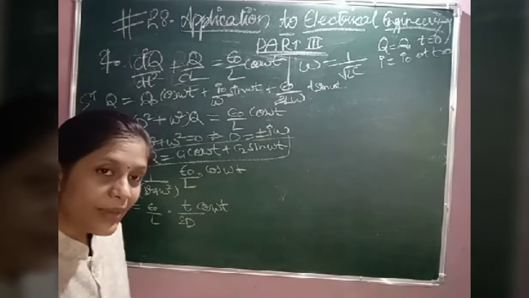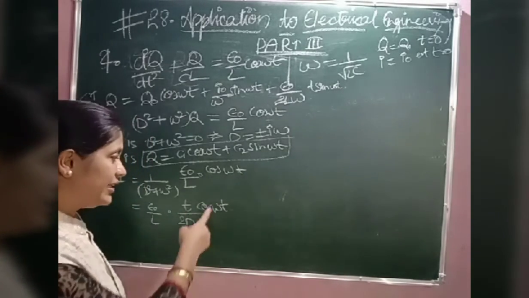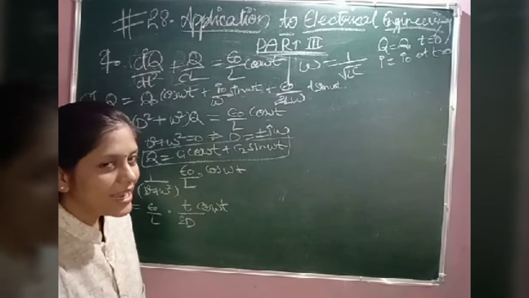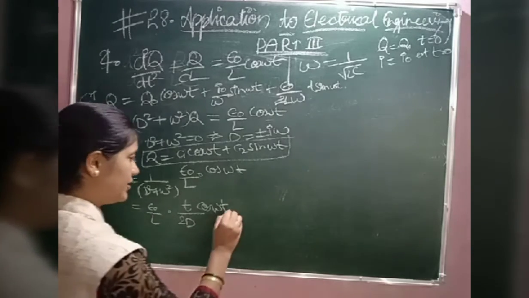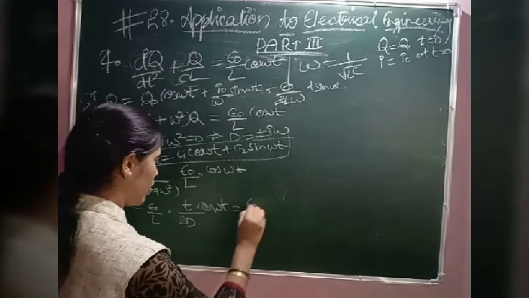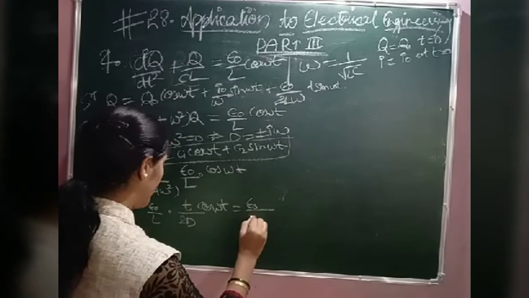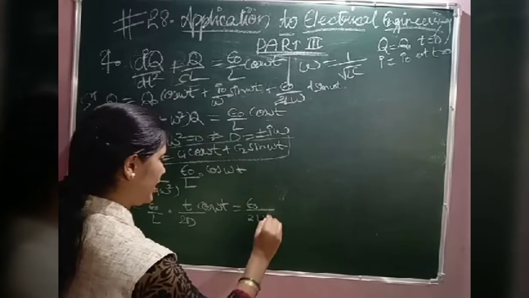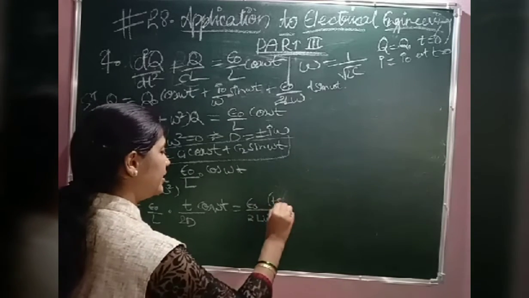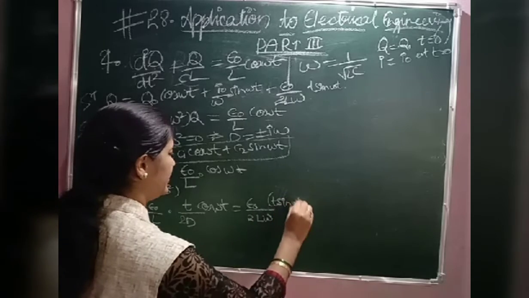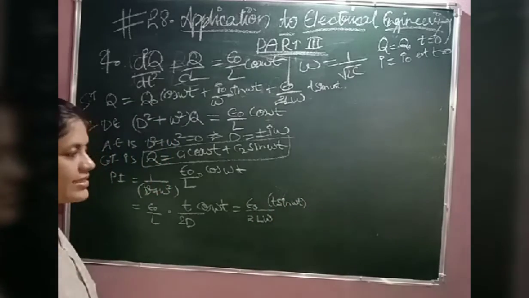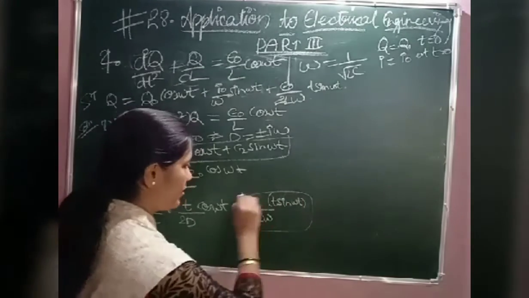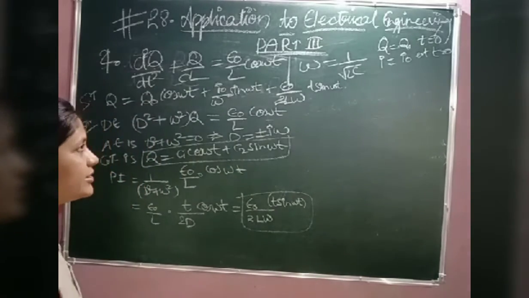What is the meaning of 1 by D? Integration. Integration of cos ωt is sin ωt by ω. So this can be written as E₀/(2L) times t sin ωt by ω, that is E₀ t sin ωt/(2Lω). So this is our PI. Now let us write the complete solution.